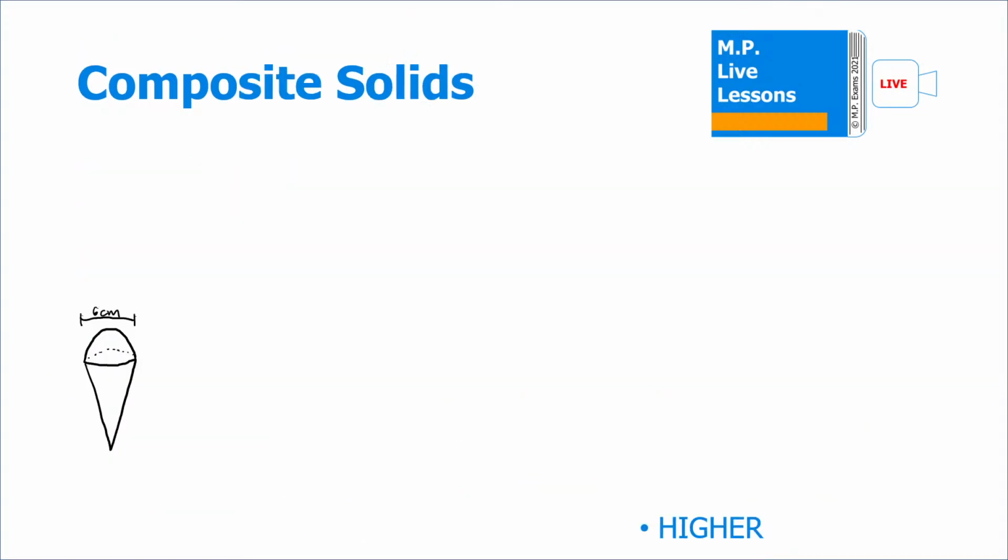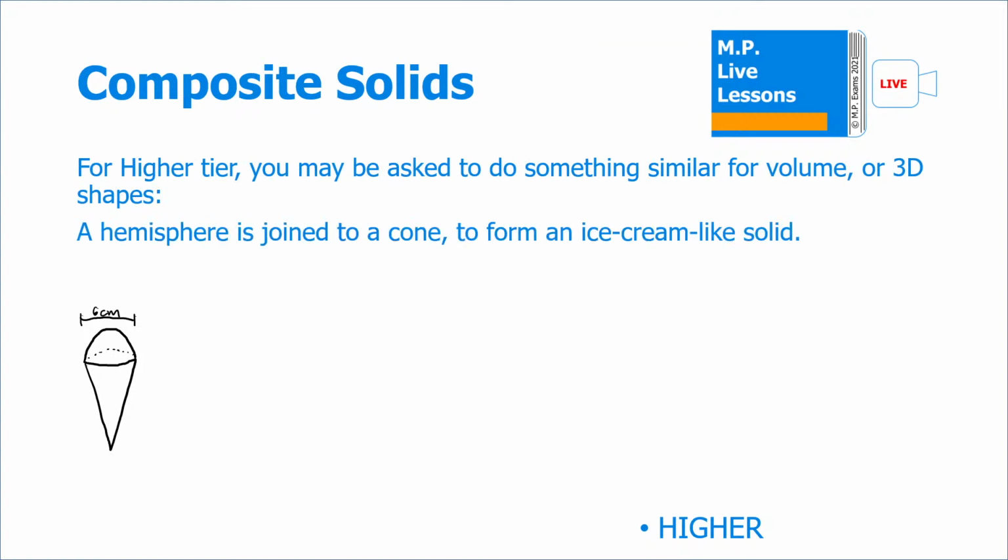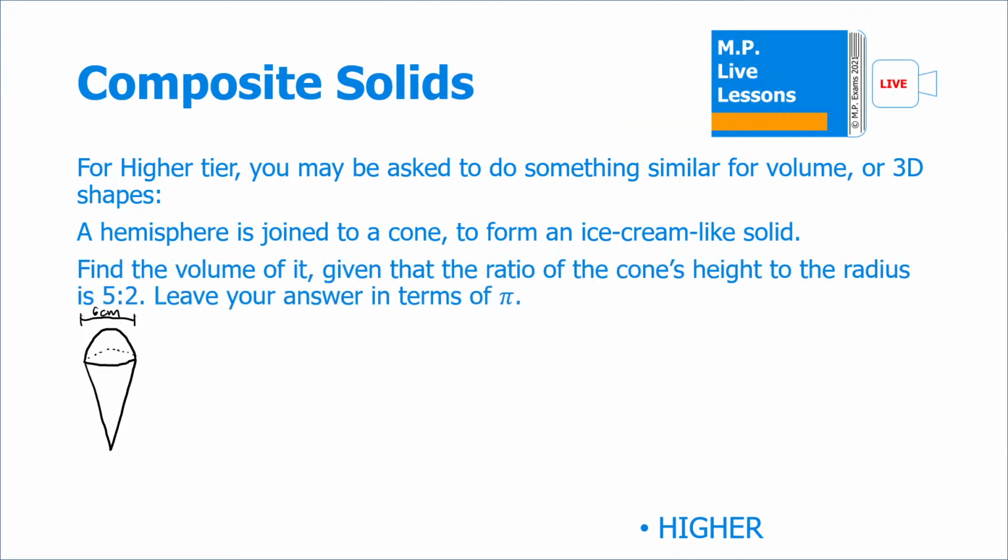For higher tier, you may come across composite solids, so shared dimensions again, but it's just for volume or 3D shapes. So for example, we've got an ice cream like solid, which is a hemisphere joined to a cone. So find the volume of it given the ratio of the cone's height to the radius of the hemisphere is 5 to 2. And leave your answer in terms of pi to save some time.